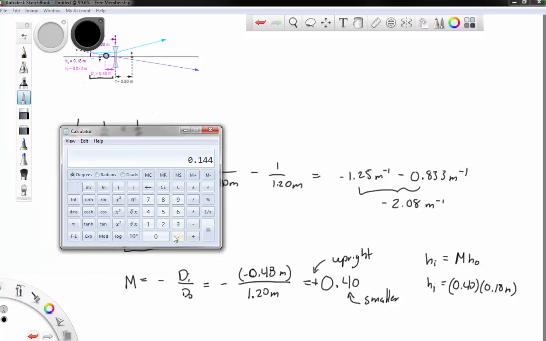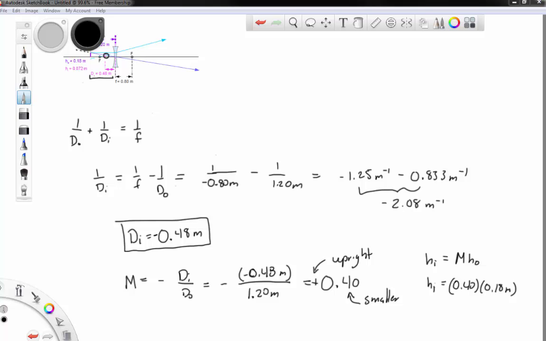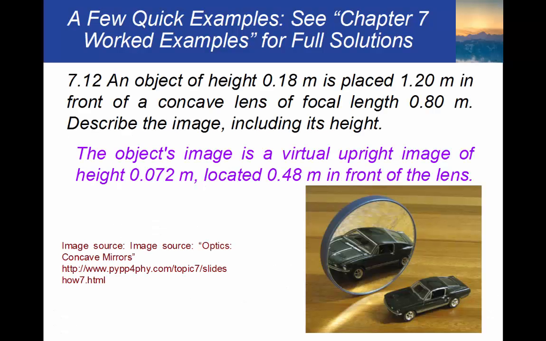Excuse me, it should be 0.4 times 0.18, I plugged the wrong number in. 0.072 meters. So our image height should be 0.072 meters. All right. So in this case, the image is going to be a virtual upright image with a height of 0.072 meters, located 48 centimeters in front of the lens.